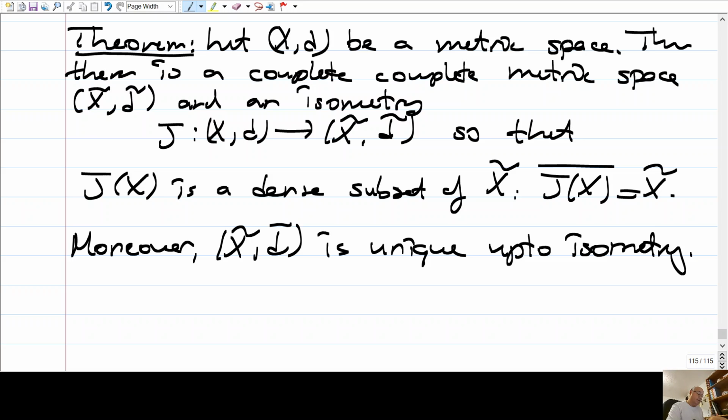So this means what? Essentially, there is a unique completion of a metric space.